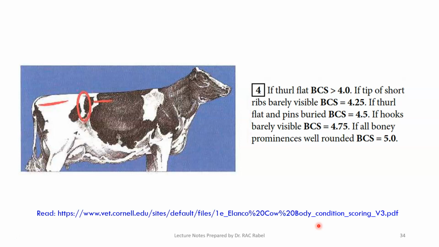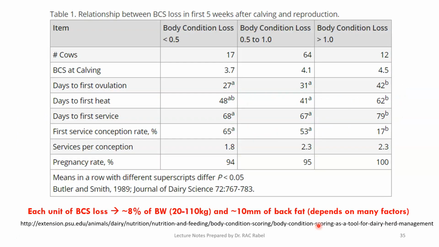It's almost like a KPI. If you cannot evaluate body condition score properly, you can't say whether this animal is being properly fed or not, or if something is going wrong. You cannot say any of that without being able to evaluate the body condition score properly. So this is a really important skill to develop.